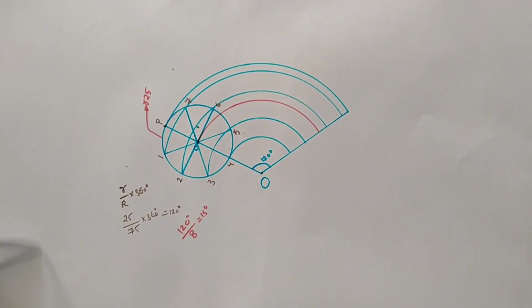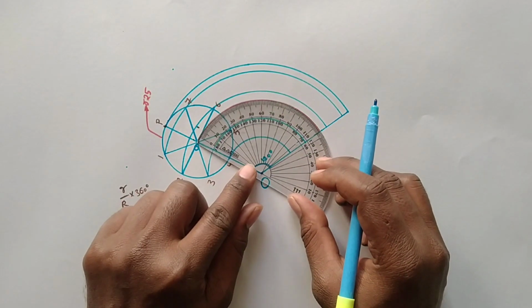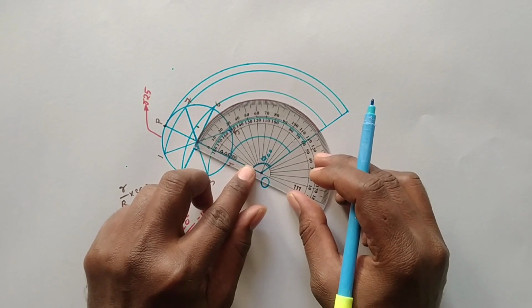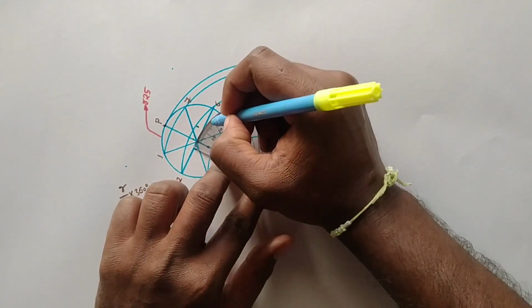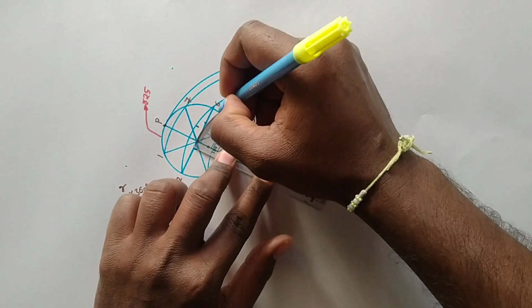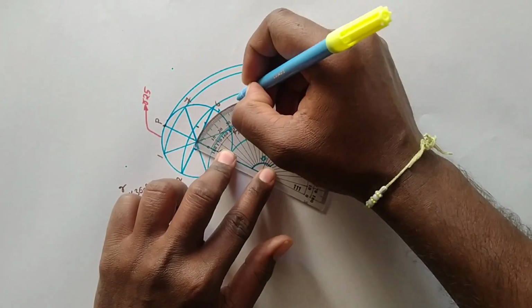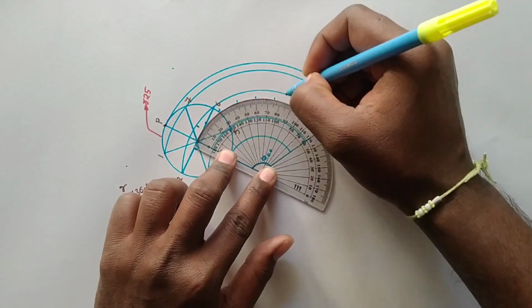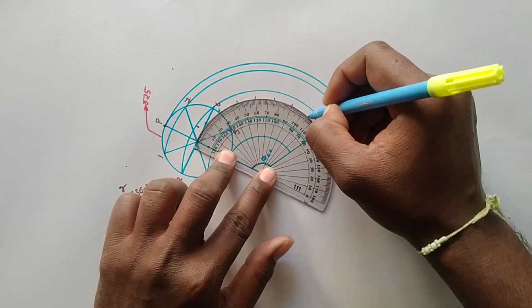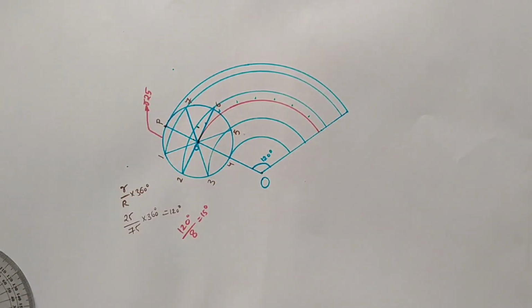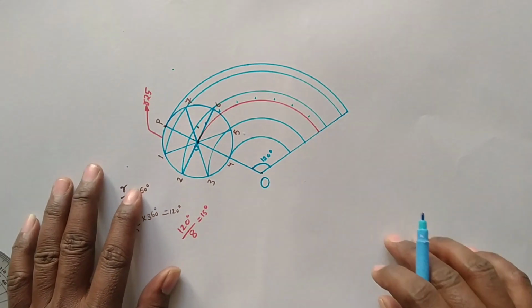With the help of your protractor, measure every part at 15 degrees: 15, 30, 45, 60, 75, 90 and 105. Every part should be 15 degrees.